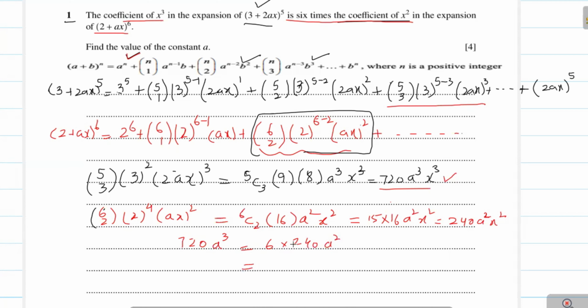This gives 1440 a square equal to 720 a cube. Therefore, a square divided by a cube gives a. Now we can write a equal to 1440 divided by 720, that's equal to 2. This is the answer.